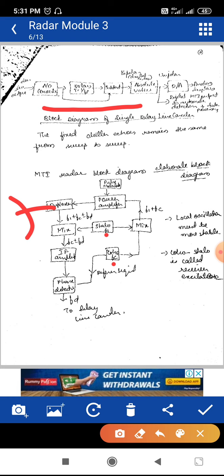It is very important to use the stable local oscillator, because if the phase of the transmitted signal is not constant, that is if there is a phase change between the pulses, an uncancelled clutter residue can result at the output of the delay line canceller, which might be mistaken for a moving target even though only clutter was present. To recognize the need of stability, the local oscillator of an MTI receiver is also called STALO, that is stable local oscillator.